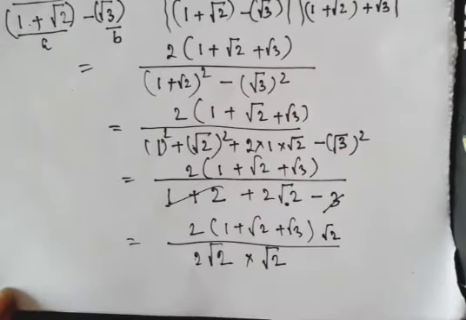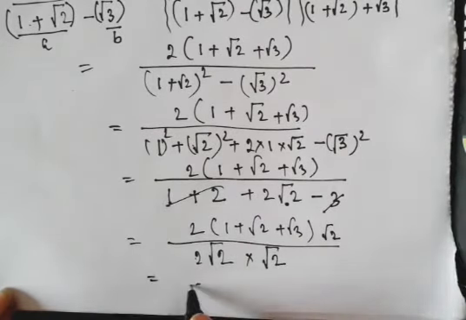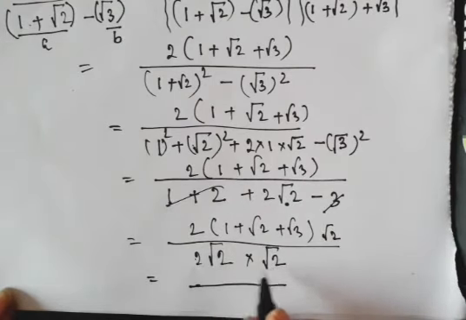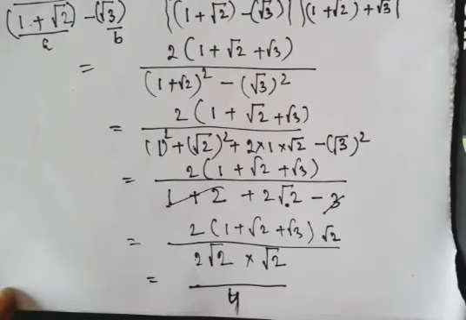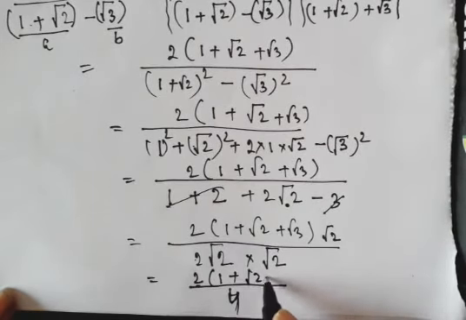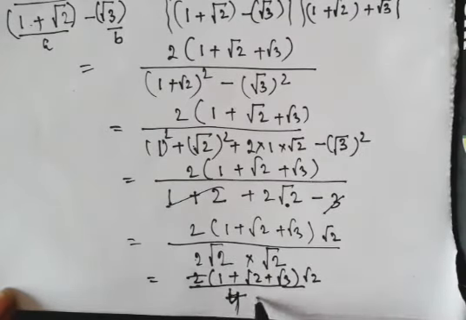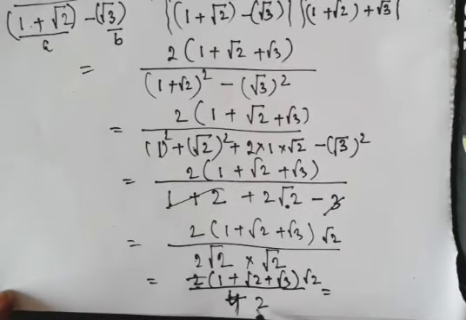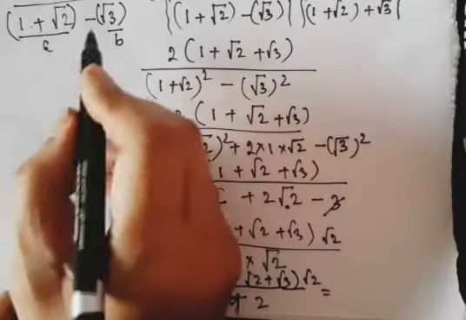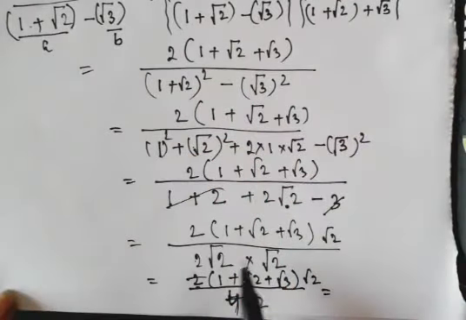Now the denominator is 2 into root 2 into root 2, which is 2 into 2, that is 4. So the numerator is 2 times 1 plus root 2 plus root 3 into root 2. Now this 2 and 4 we can cancel out and the denominator is 2. So now we have got a rational denominator, or we can say this particular expression is rationalized.